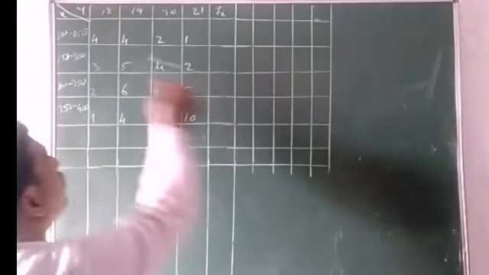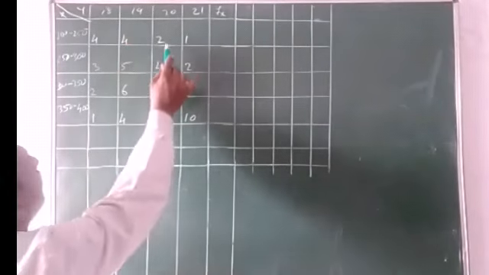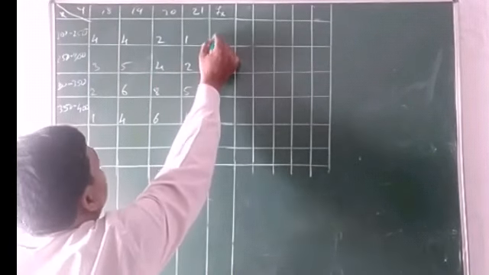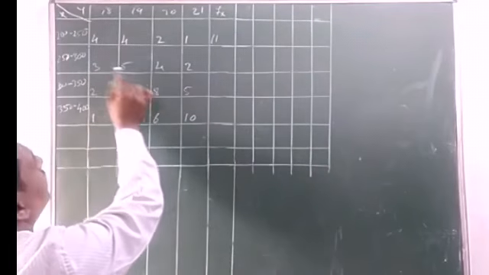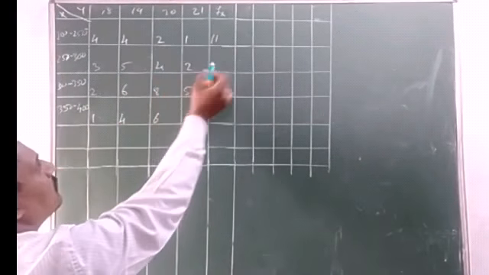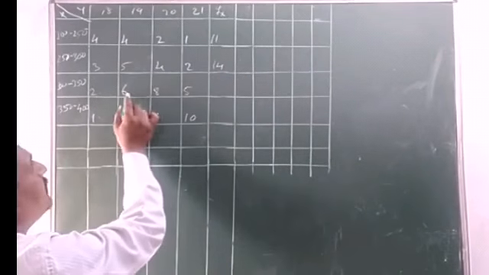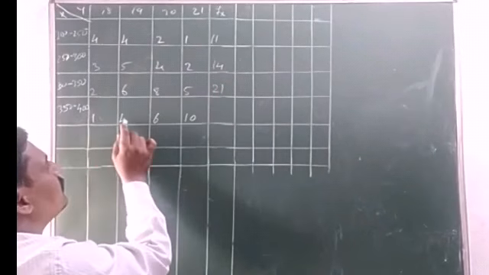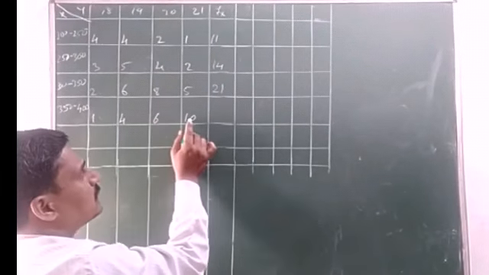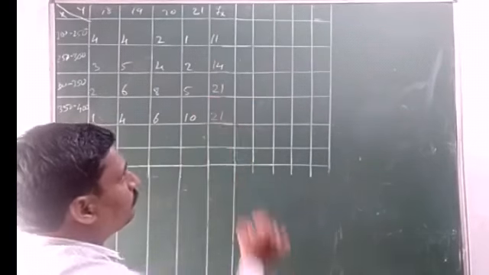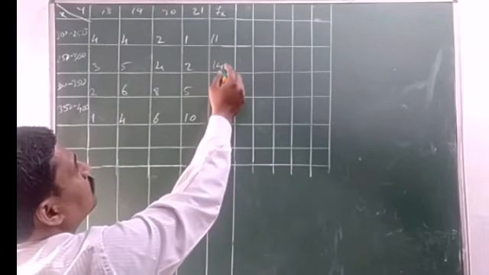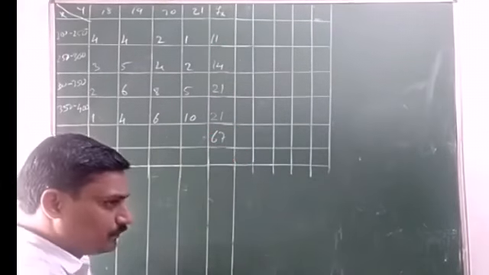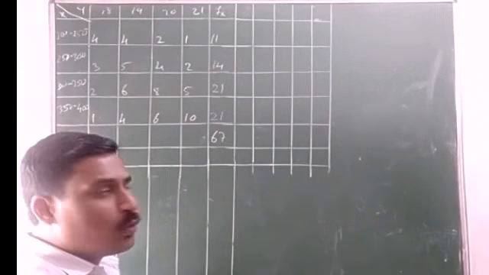So total: 4 plus 4 is 8, 8 plus 2 is 10, 10 plus 1 is 11, and here 3 plus 5 is 8, 8 plus 2 is 10, plus 4 is 14, 2 plus 6 is 8, 8 plus 8 is 16, 16 plus 5 is 21, 1 plus 4 is 5, 5 plus 6 is 11, 11 plus 10 is 21, and total 67.